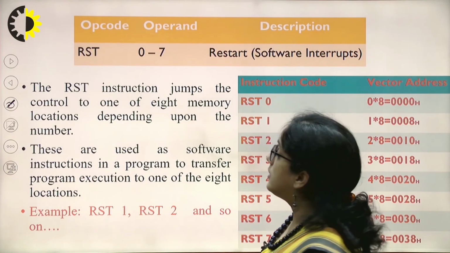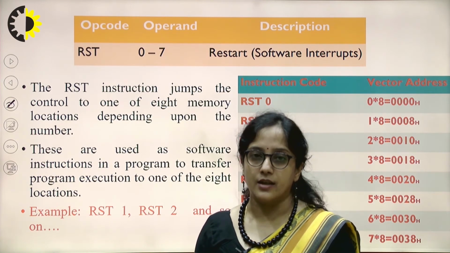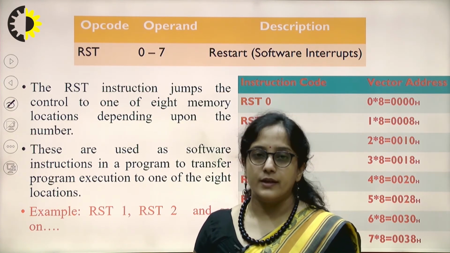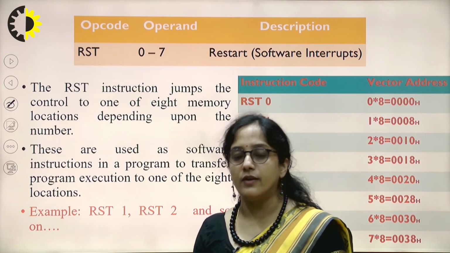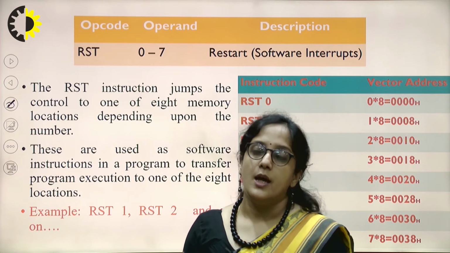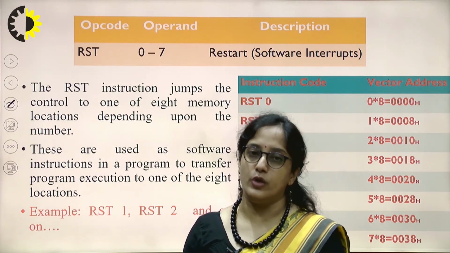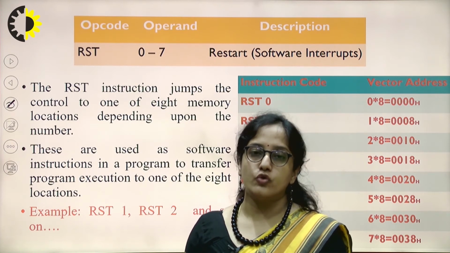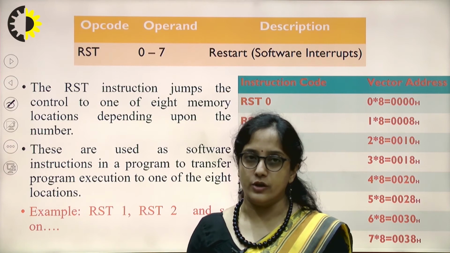Now the next branching instruction is RST, that is restart. There are some software interrupts and also some hardware interrupts. In case of 8085, we have 5 hardware interrupts, meaning we have 5 external pins available in 8085 which we can use to interrupt the execution of the microprocessor.